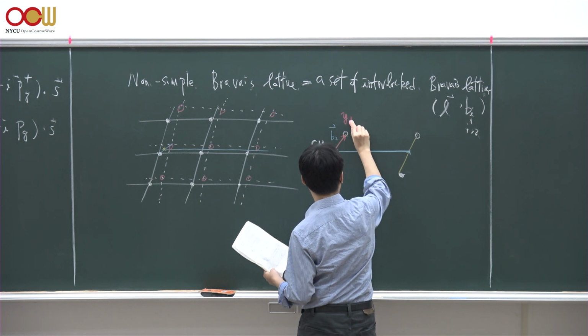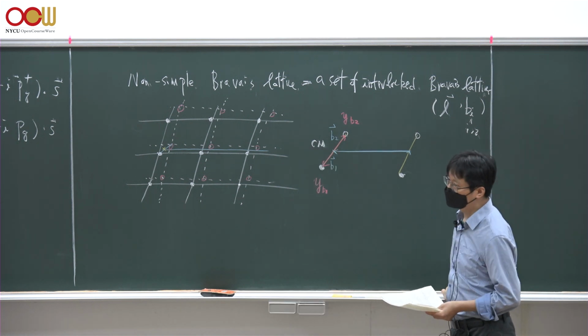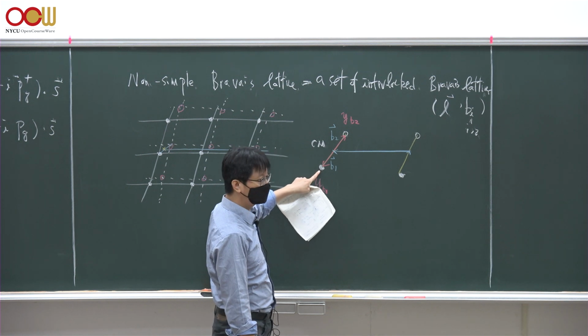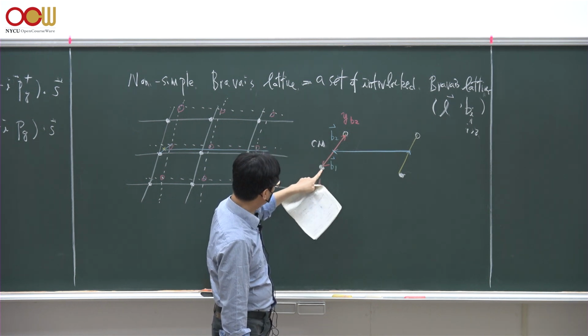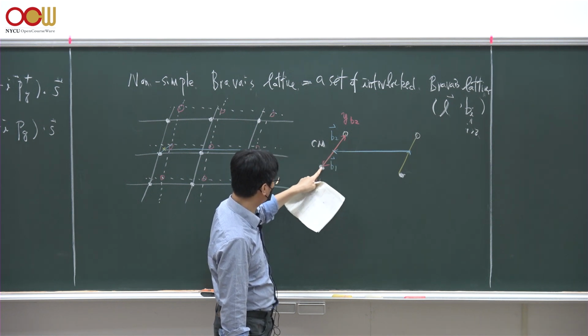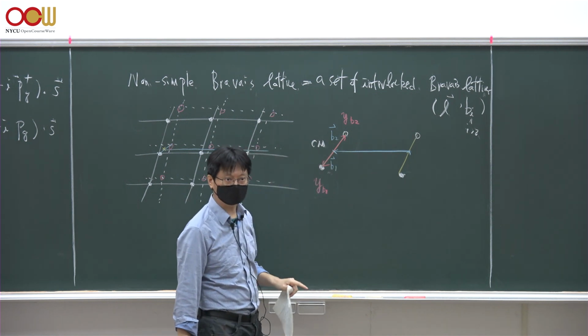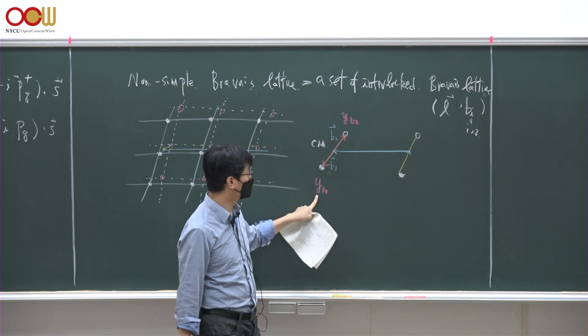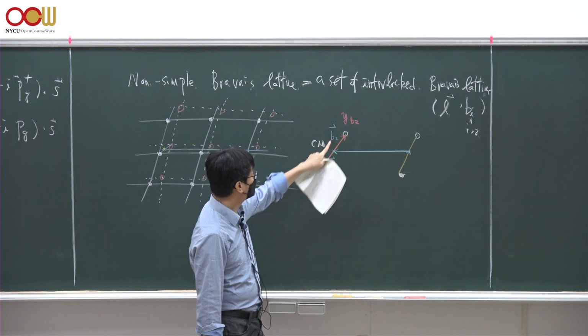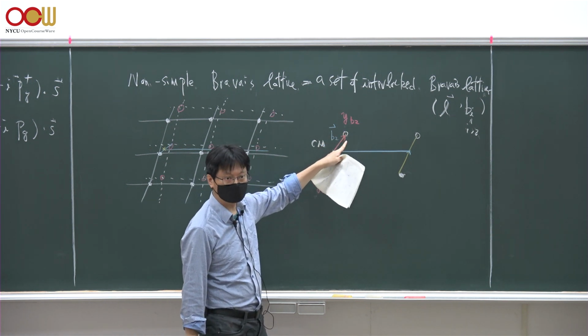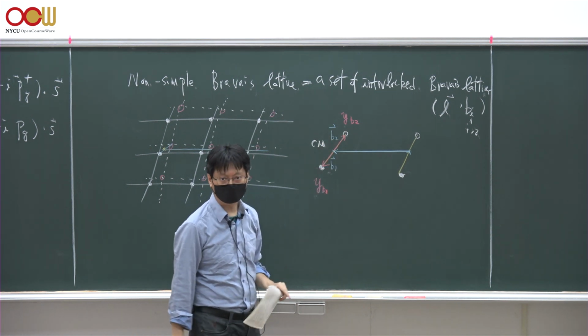depending on whether this displacement is on the solid side or on the empty side. On the solid side, since it is related to the center of mass by the lattice vector B1, you attach this lattice vibration on the solid side, y_B1, and likewise the displacement on the empty side is called y_B2, and so on.